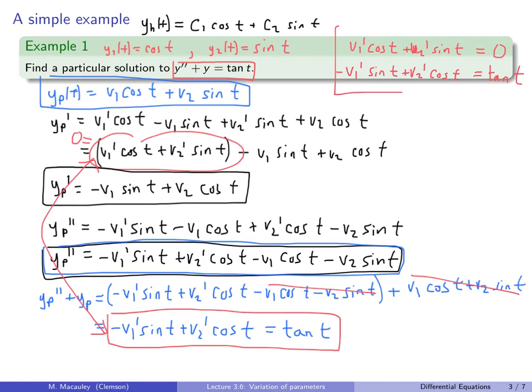So this system, if we want to, we can write in matrix form. Let me mention several things about this.